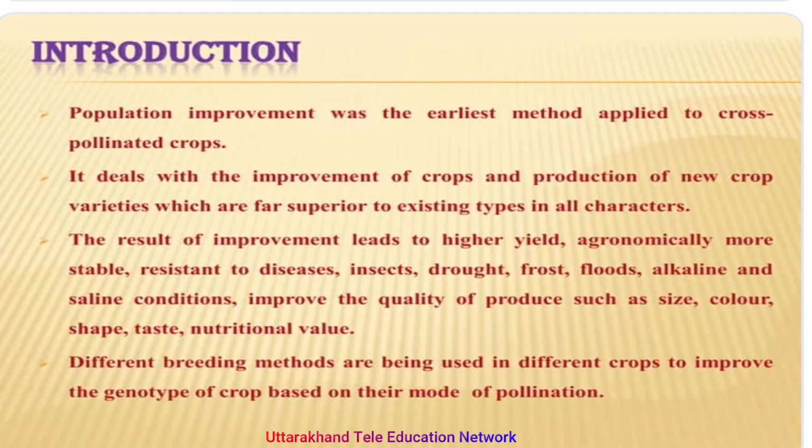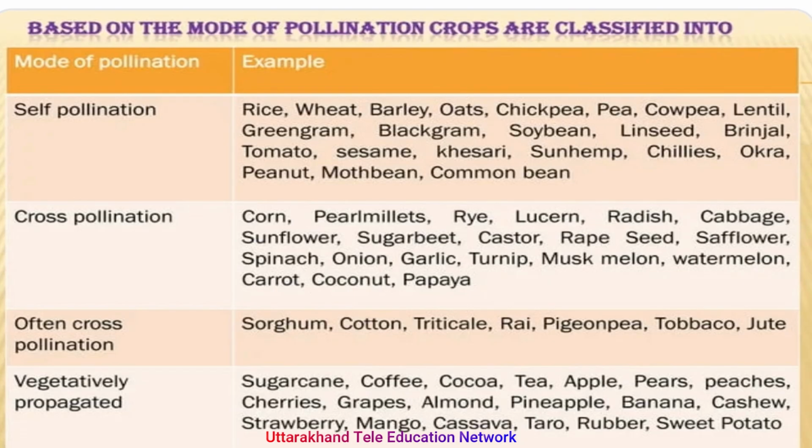Different breeding methods are being used in different crops to improve the genotype of crop based on their mode of pollination. Based on the mode of pollination, crops are classified into four types mainly.